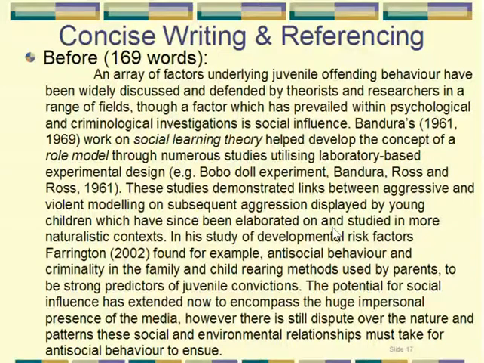What's the difference between theorists and researchers? In a range of fields, though a factor which has prevailed within psychological and criminological investigations is social influence. So, let's look at what we can do to make this first paragraph readable.